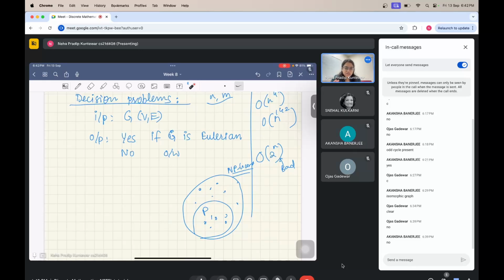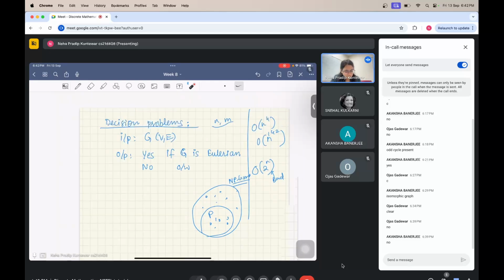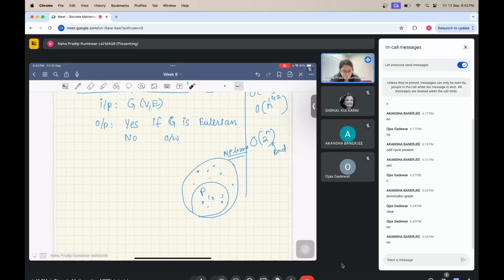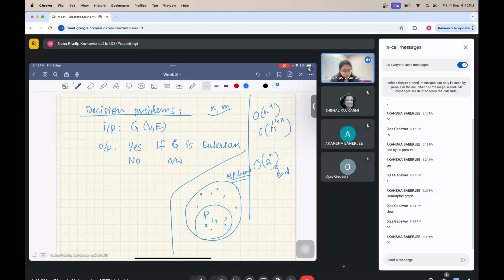So it's open in that sense. Even if this does not make sense, I'll just ask you one thing. If I give you this problem, how fast can you tell whether the graph is Eulerian or not? What would the algorithm look like?